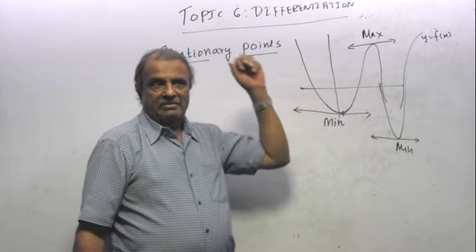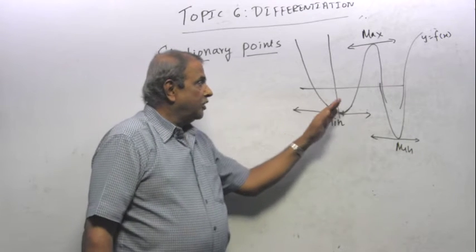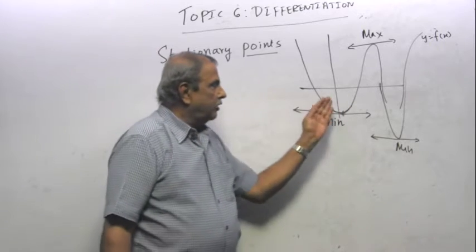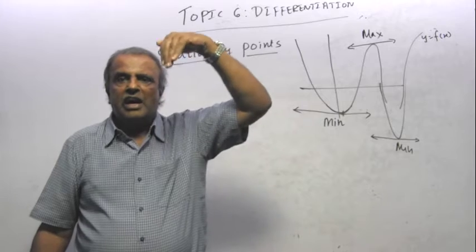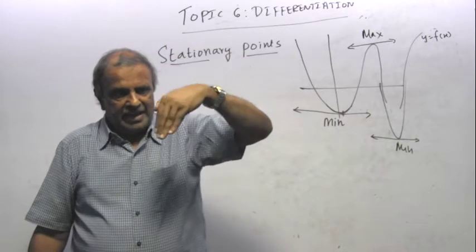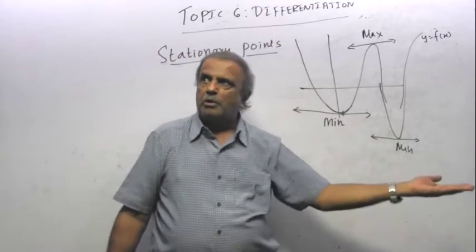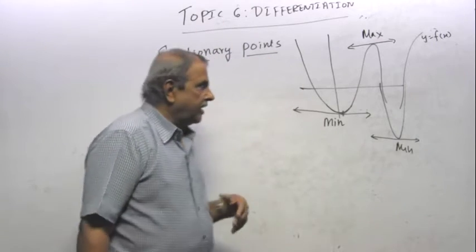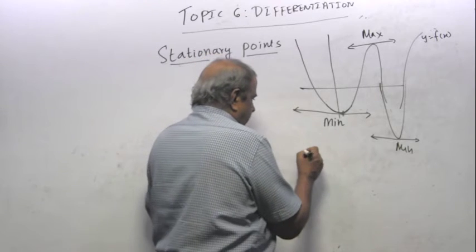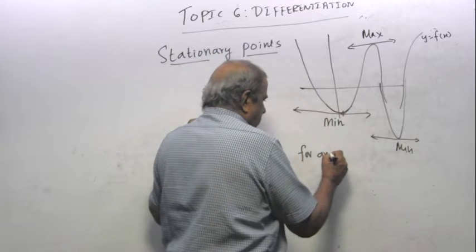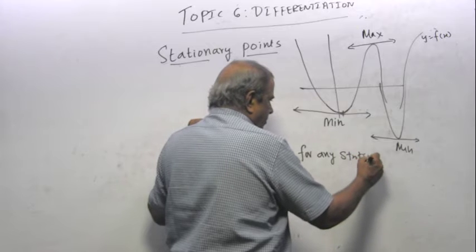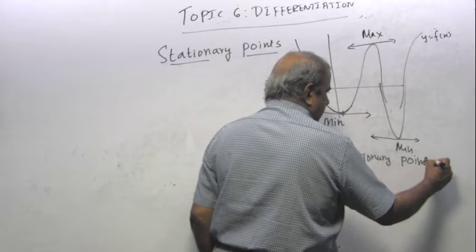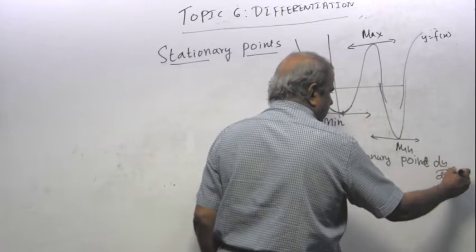What you do is you take a small value to the left of the stationary value and a value to the right of the stationary value. See how the curve is changing. Negative to positive is a minimum point. Positive to negative is a maximum point. Let me put all those things. So in other words, for any stationary point, dy by dx equal to 0.